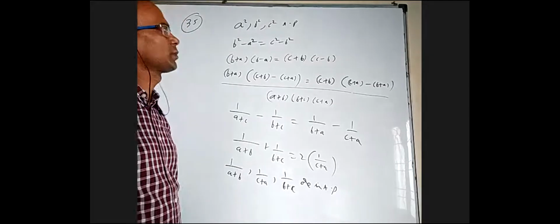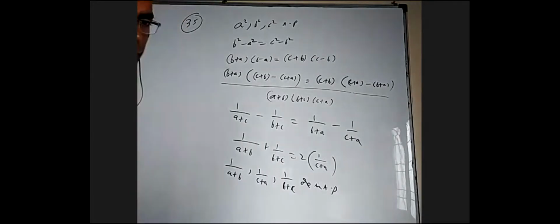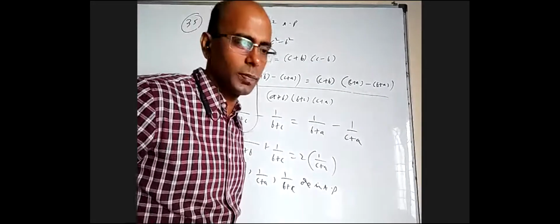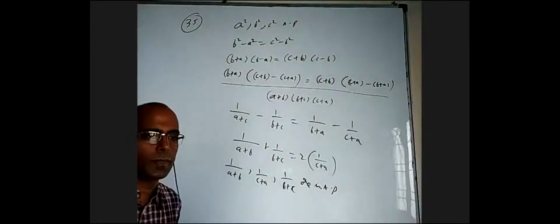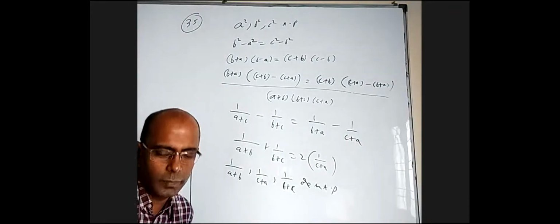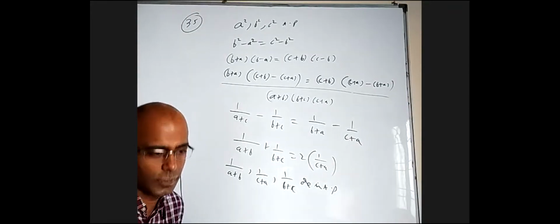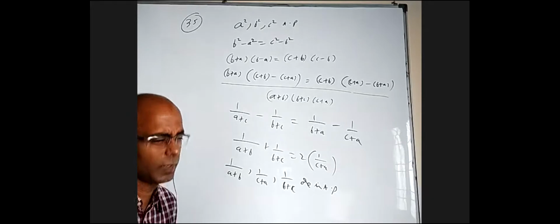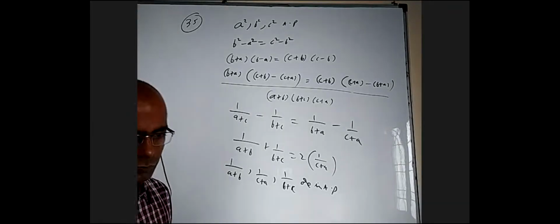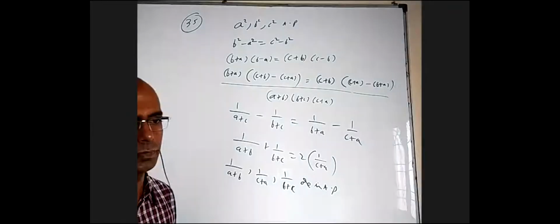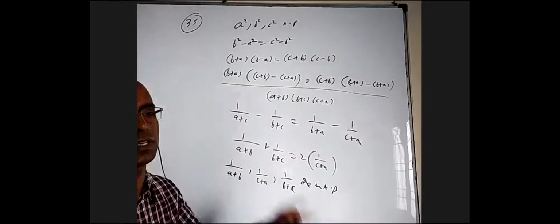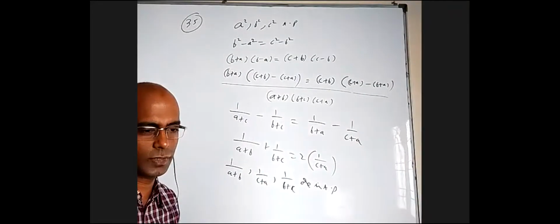No, it's not an AP, right? Think of some numbers which are convenient, where A square, B square, C square are in AP and A, B, C are integers at least. Maybe it's possible to find them and then check that, if you at all want to do it from the options. Otherwise, you have to take each option and simplify to see whether you are getting A square, B square, C square in AP or not, something of that sort.